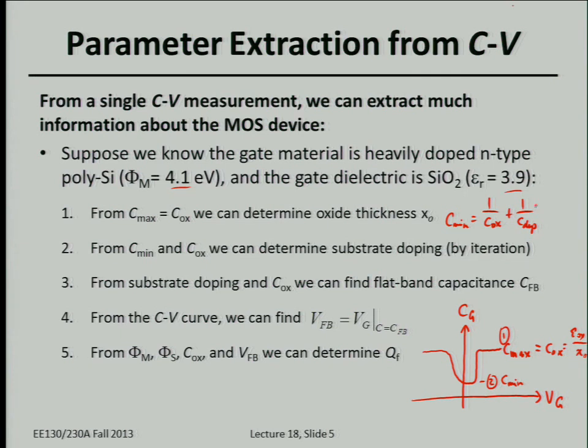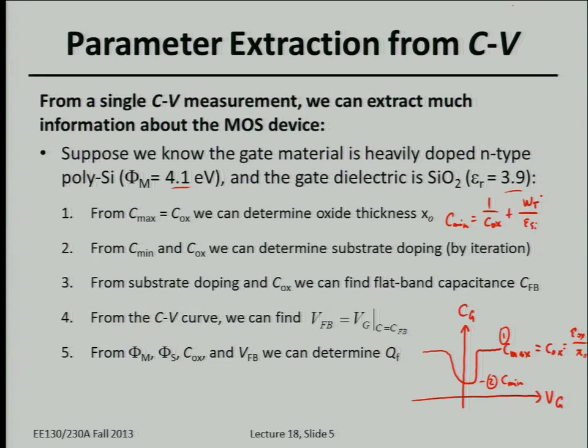So what is this depletion capacitance? Do you remember the formula again? It's the permittivity of silicon divided by the maximum depletion width. That's the depletion width at threshold.